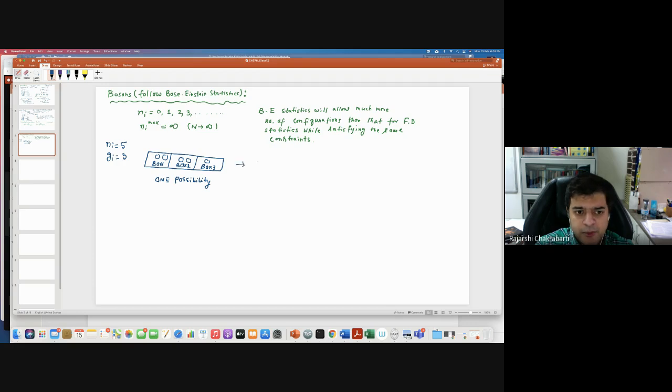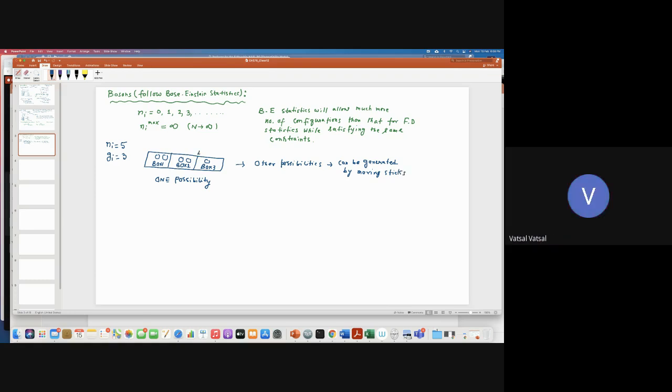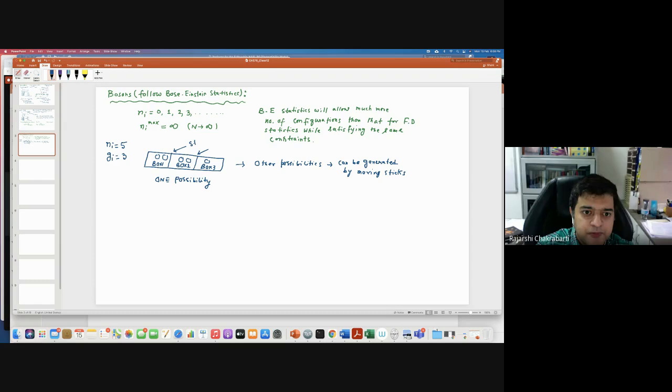Now, how can you get other possibilities? That can be generated by moving sticks. What are these sticks? Any idea? The partition of boxes. Yes, these are sticks, the boundaries. How many sticks are there?